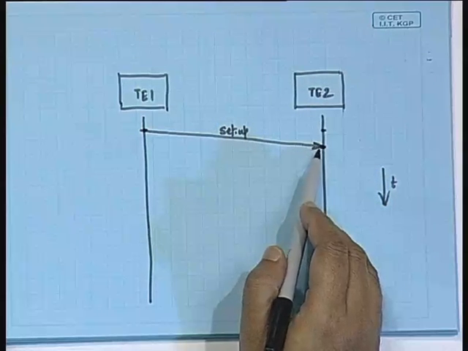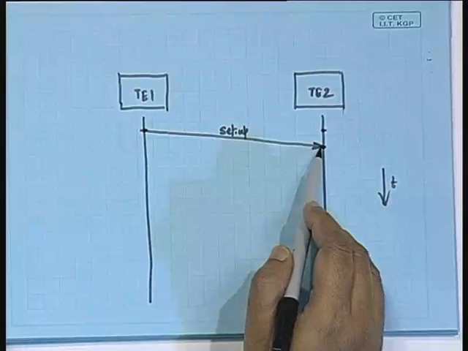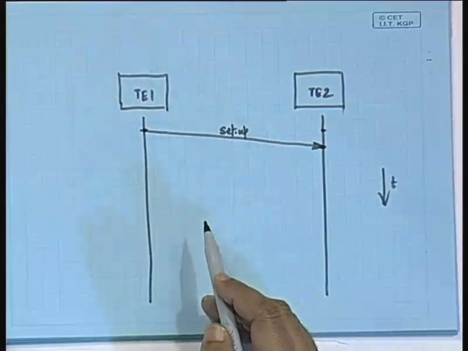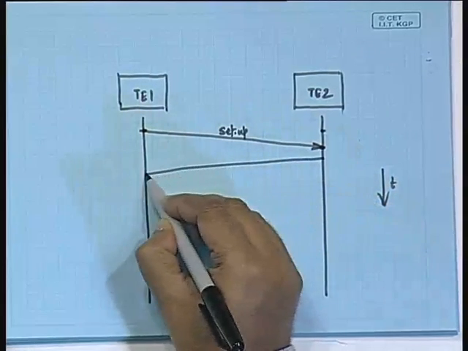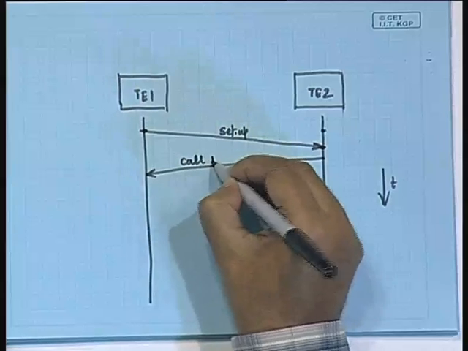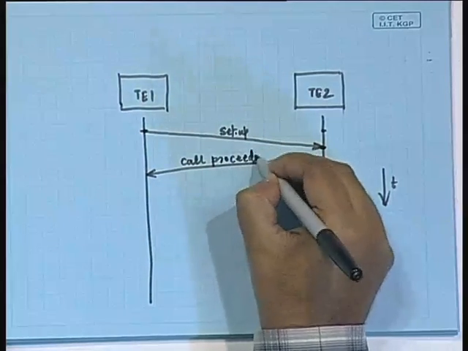The setup signal would arrive over here, and if the path is completed, if this T2 telephone is active, in that case it sends the call proceeding. This is an acknowledgement to the setup.